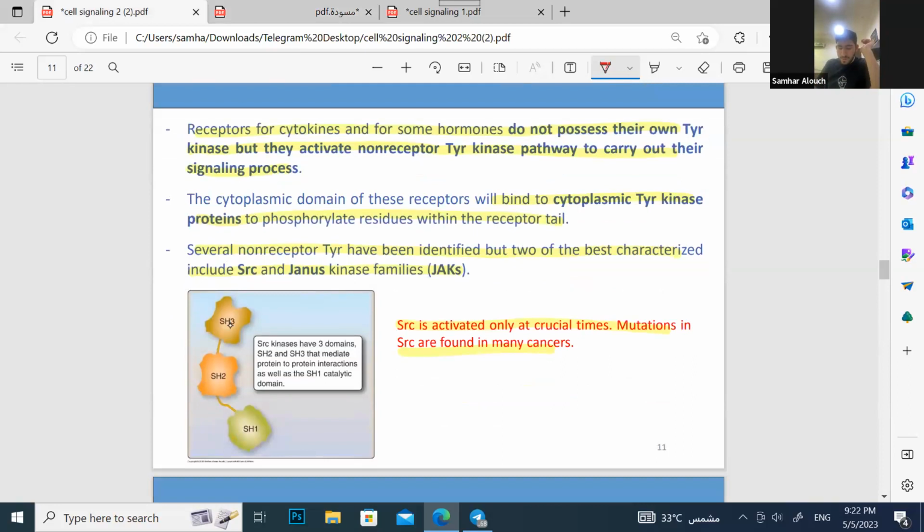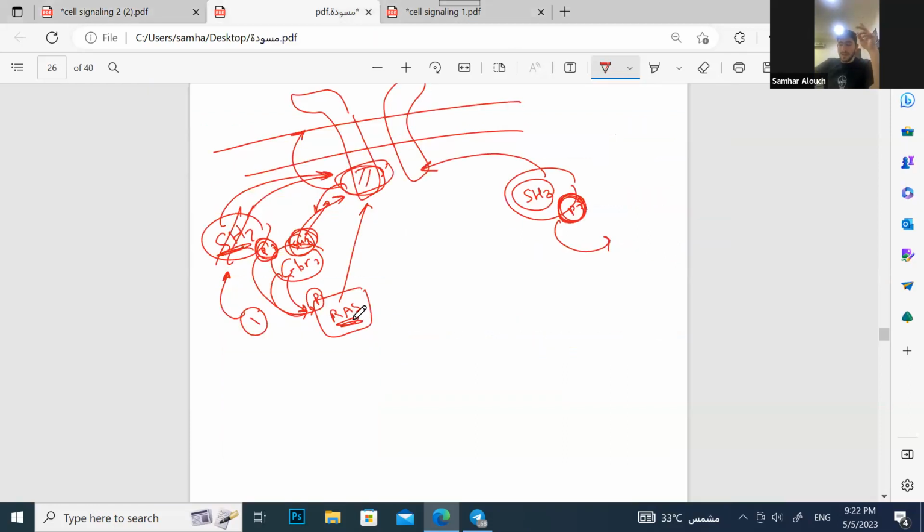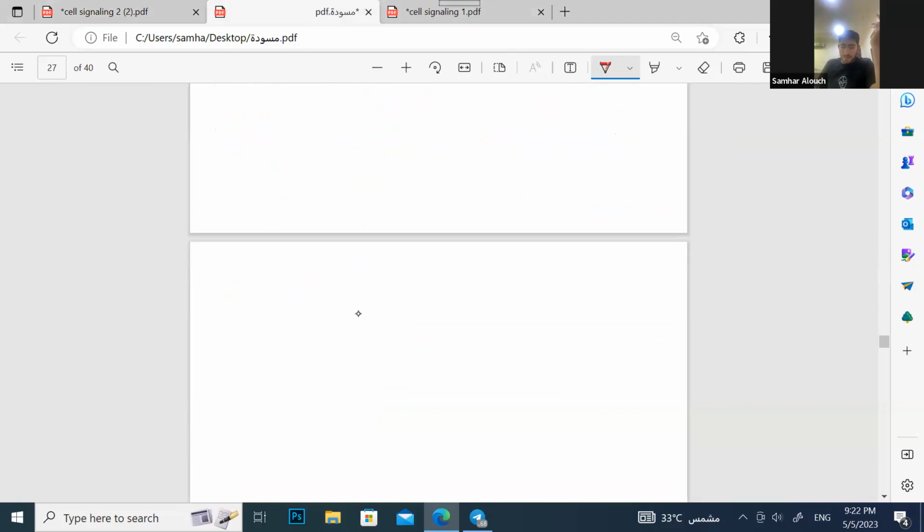So we have SRC, which is a non-receptor tyrosine kinase, something that is not a receptor, but it is a tyrosine kinase because it has a tyrosine kinase domain. Once it's activated, it uses its tyrosine kinase to activate other things. This SRC is special. Why? Because it's made of three things: SH1, connected to SH2, connected to SH3.